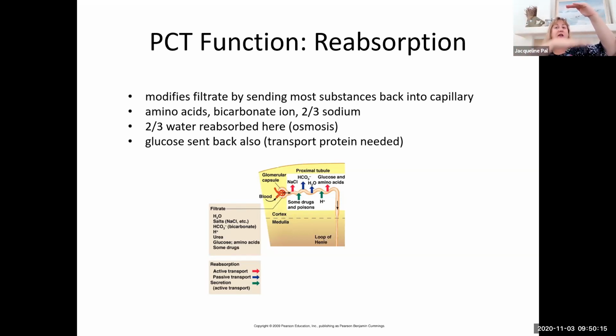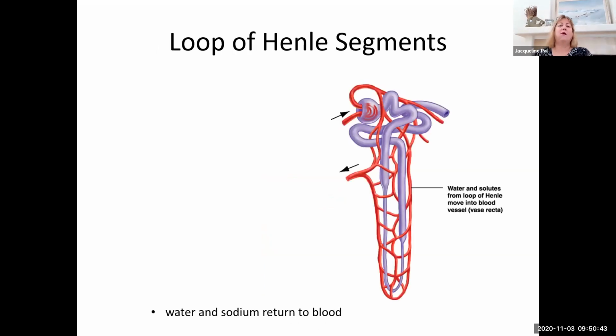So only that amount of glucose for which you have transport proteins will go back into the bloodstream, and the remaining part of the glucose stays in the filtrate where it will have an osmotic pull to keep some of the water in the filtrate rather than being reabsorbed. And this will also change the specific gravity of the urine, as well as give you that positive test for glycosuria and makes the urine sweet.